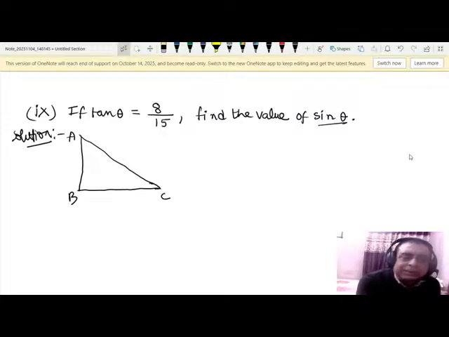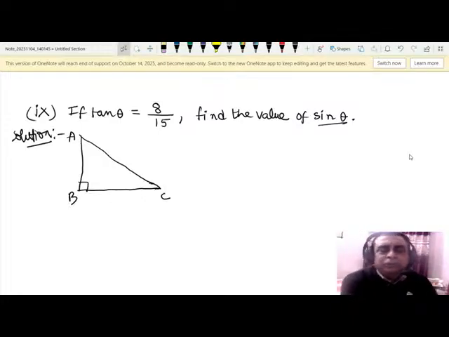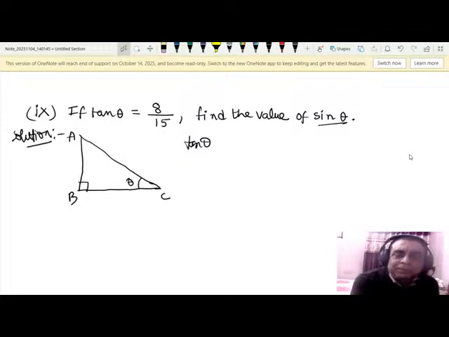Okay, right angle at B. Now tan theta, any one of the acute angles of this right angle triangle you call theta. Suppose angle C I am calling theta. Now the formula of tan theta is what? Opposite side upon adjacent side. That is the formula of the tan theta.